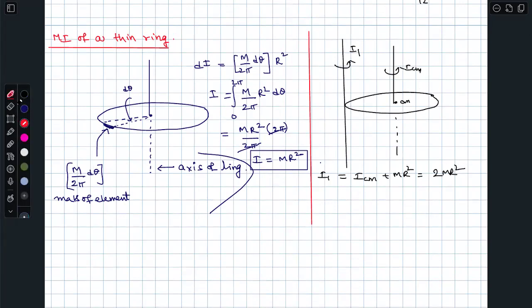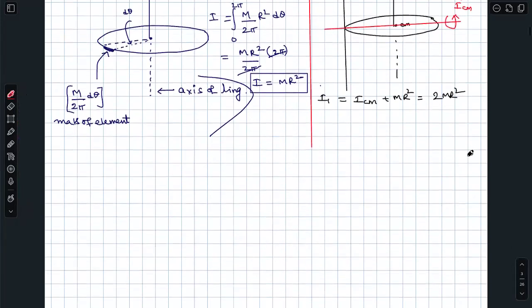What if I choose another axis like this? It's a diameter passing through the center. Let this be ICM dash. How to find? Simple. Please try to understand, you can also imagine another axis like this, which is at 90 degrees. Let this be Ix. Let this be Iy.